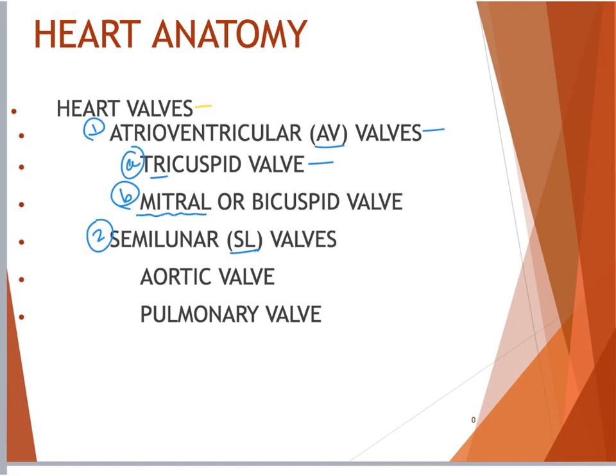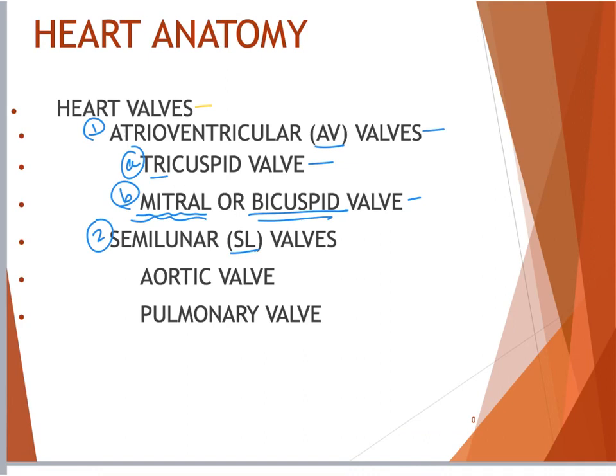I'm going to try to use this more often than bicuspid because clinically we talk mitral a lot more often. Bicuspid because it has 2 flaps or cusps. But the mitral valve is located between the left atrium and the left ventricle. Now both of these valves close when the ventricles contract. And again, that's to prevent that blood from re-entering those superior atria.